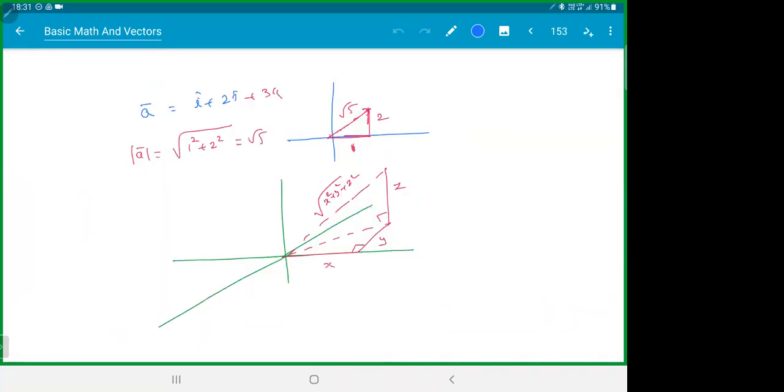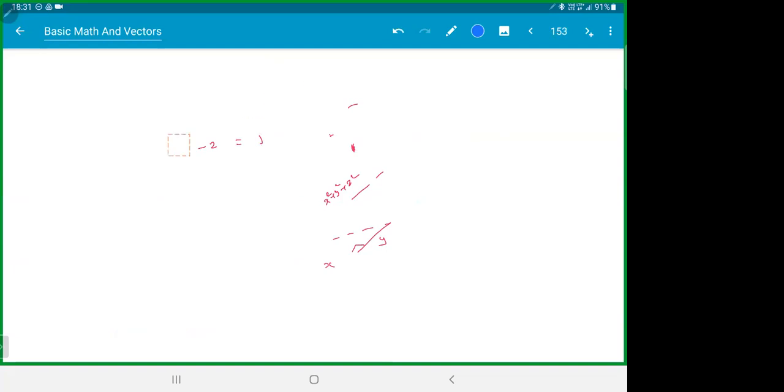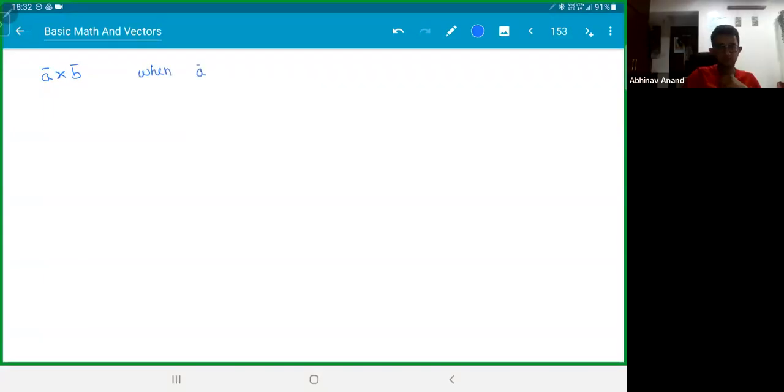So exactly what is this A cross B representing? So when you say A cross B, the meaning of this thing is... So for finding the area of a parallelogram also we use cross product only, right?